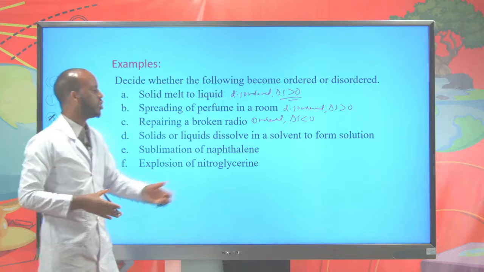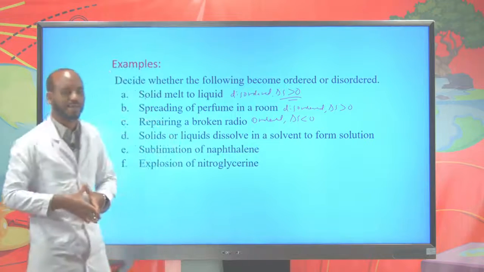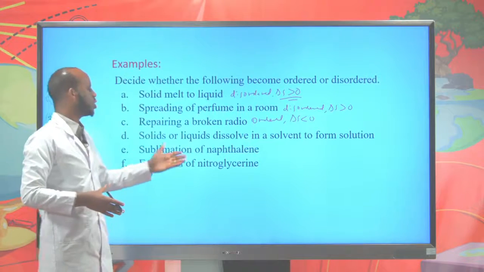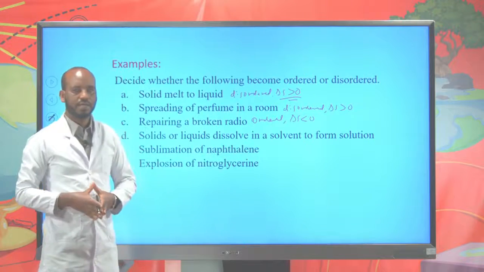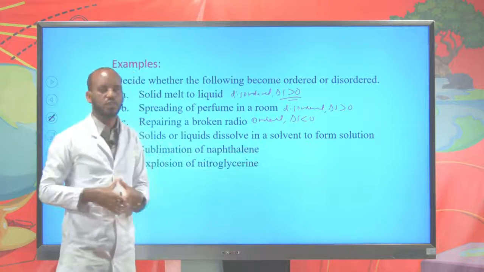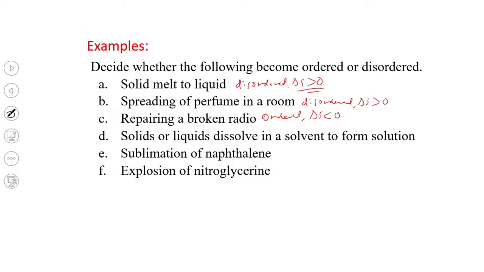The change in entropy delta S is greater than 0. Sublimation of naphthalene, disordered. Delta S is greater than 0. Explosion of nitroglycerin, disordered. Change in entropy delta S is greater than 0, and the sign of delta S is positive.